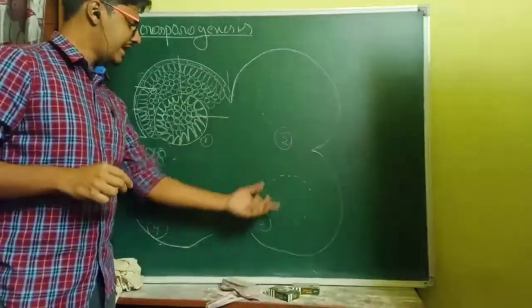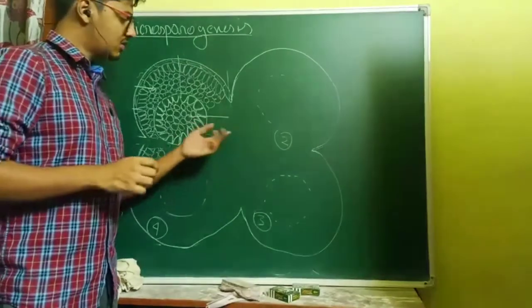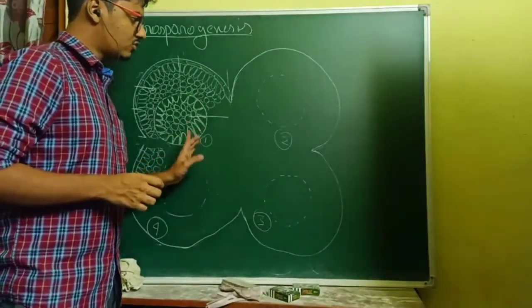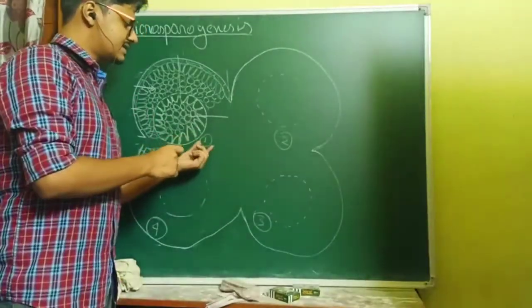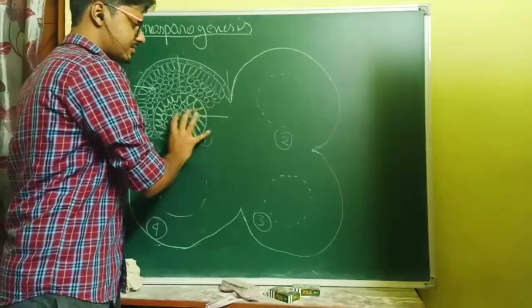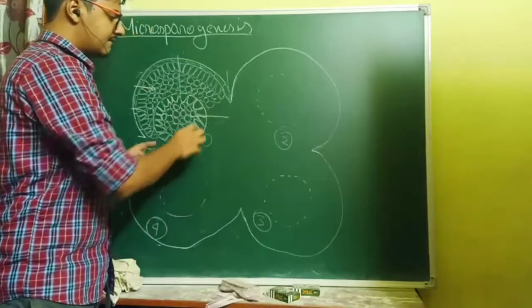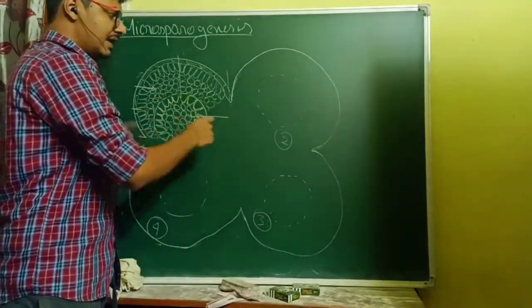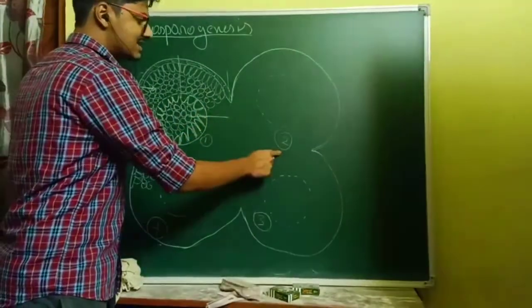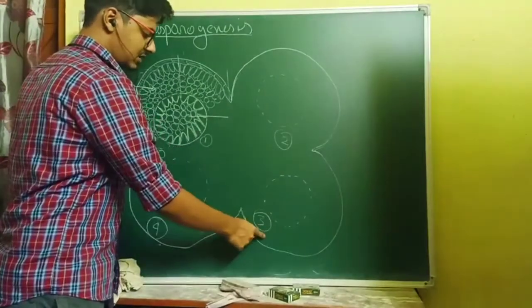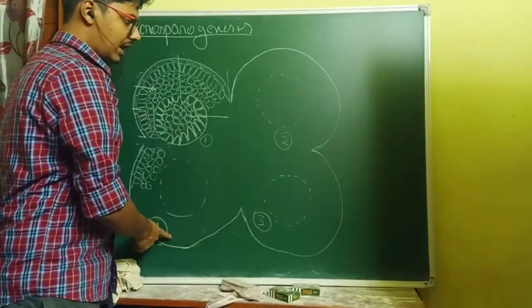Why am I not drawing everything together? Because if for stage 1 I have to draw everything, every part of the anther looks like this. But I am drawing only one, and the second stage I will draw here, third stage here, fourth stage here.